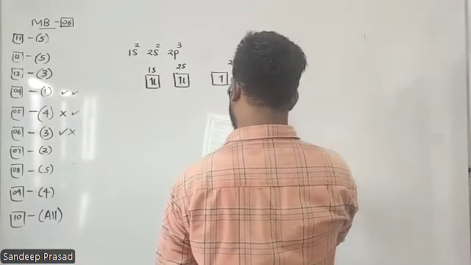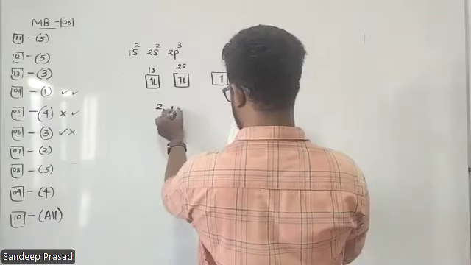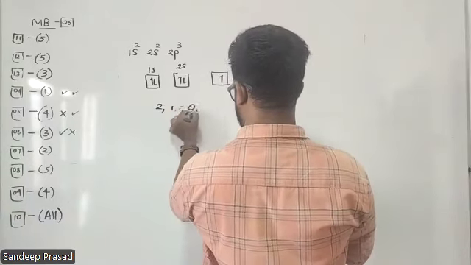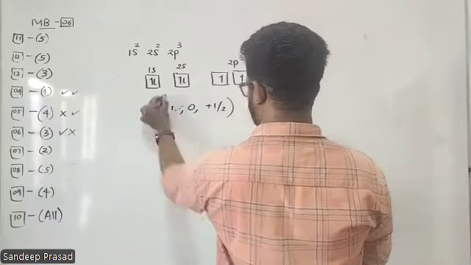The quantum number set of a 2p electron is 2, 1, 0, plus half, in this way.